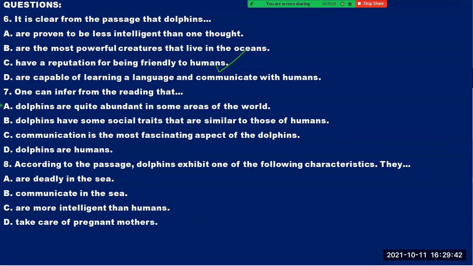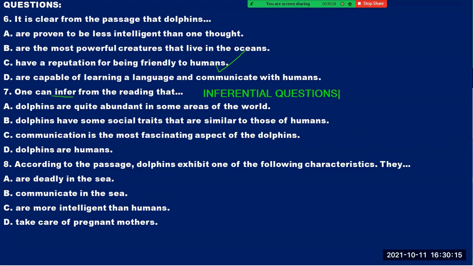Now, question number 7. One can infer from the reading that... This is an inferential question. If you watch the video specifically on types of comprehension questions, you will discover that one of the types of comprehension questions is inferential questions.